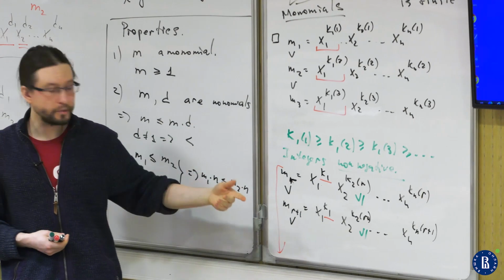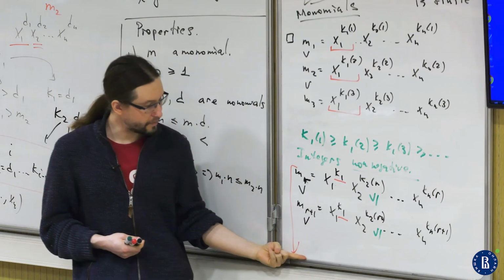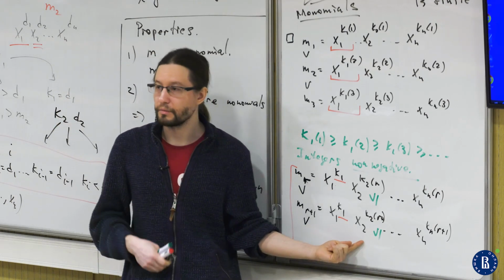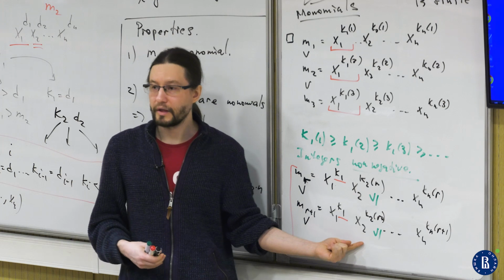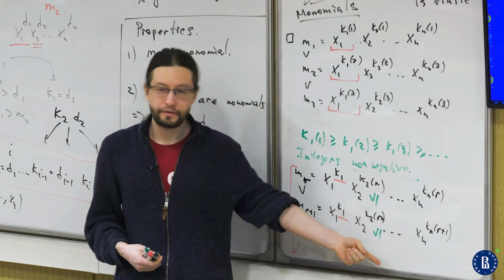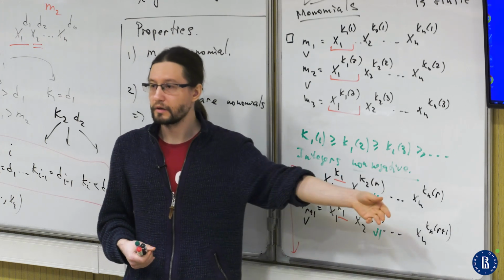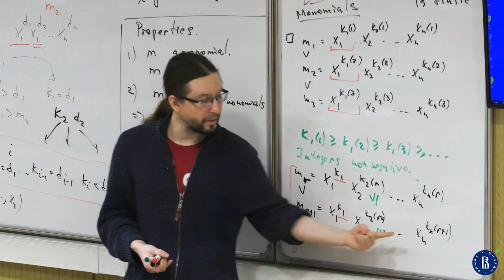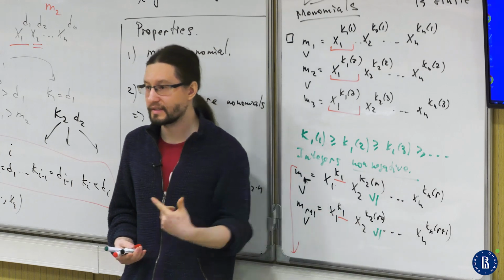So by the same argument, we can find some index such that all the degrees of x2 will be the same. And then we can proceed to the third variable and so on and so on. So after finitely many steps, we will get that all the powers of all the variables must be the same.